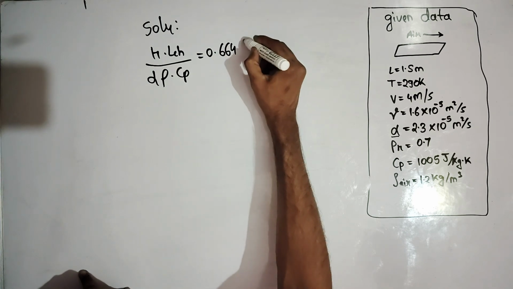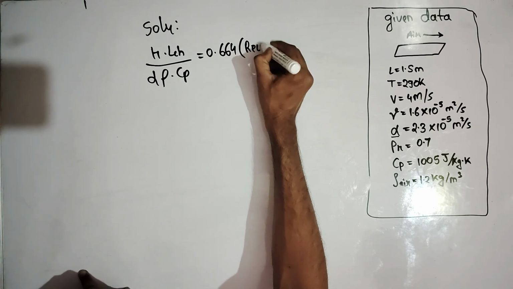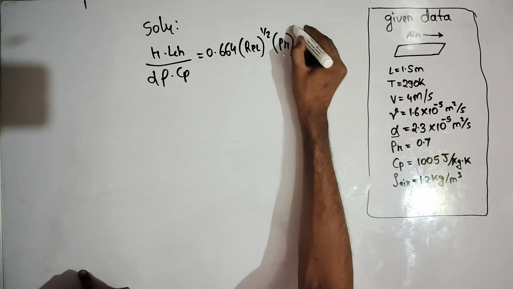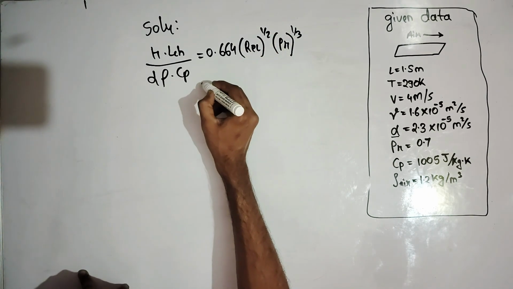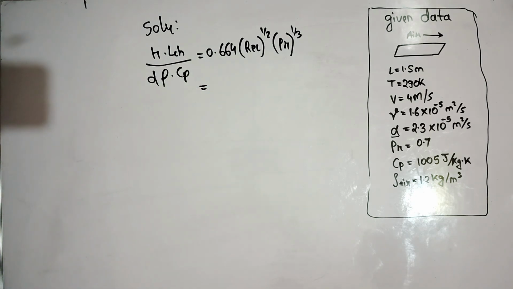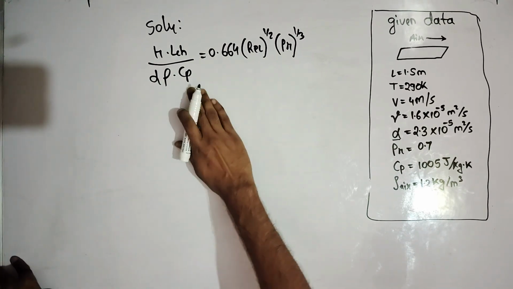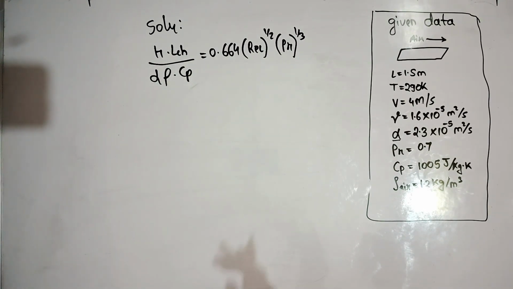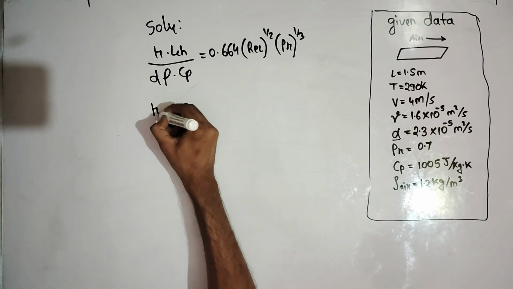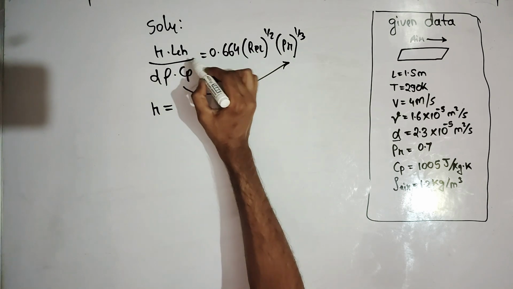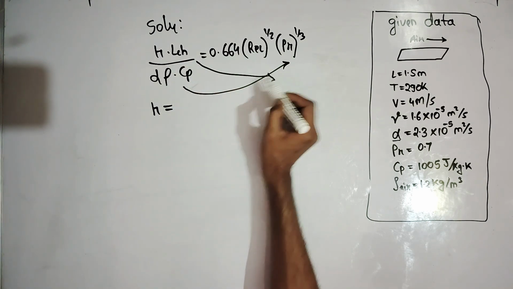Now from this relation, h is here, we will shift this here and length is shifted downwards.